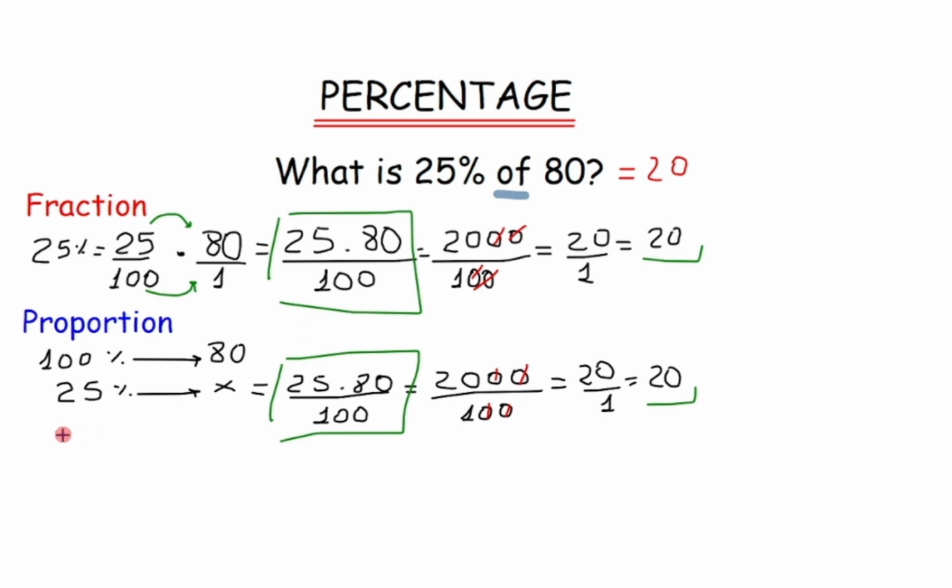That if, for example, you want to calculate 32% of 500, how are you going to figure that out? You're going to do 32 times 500, all divided by 100. And that's a practical way to be able to calculate any percentage.